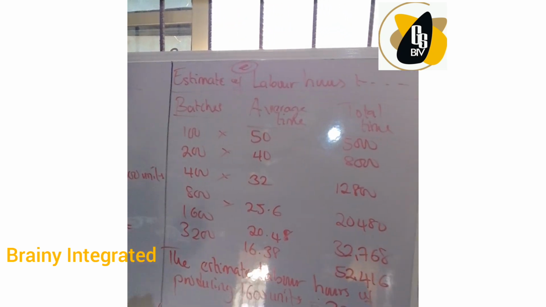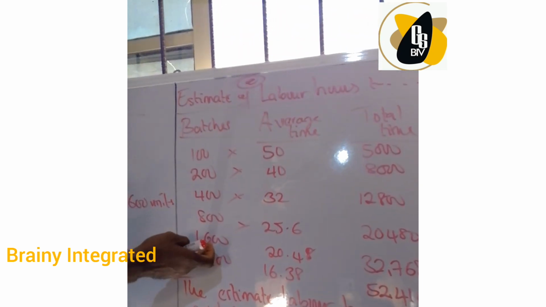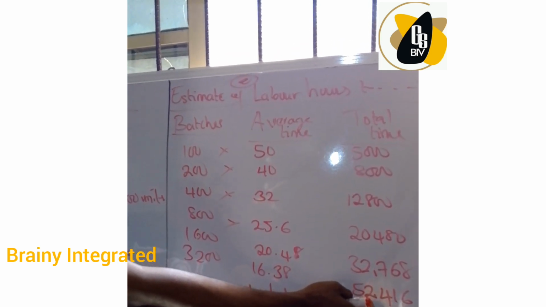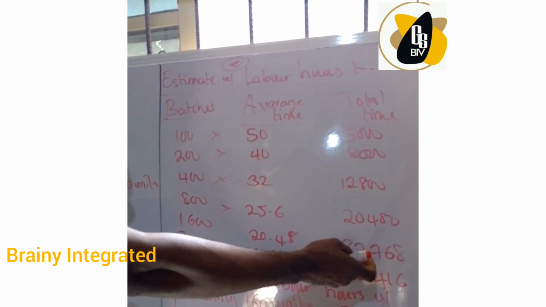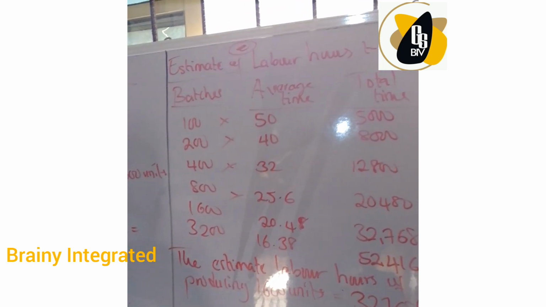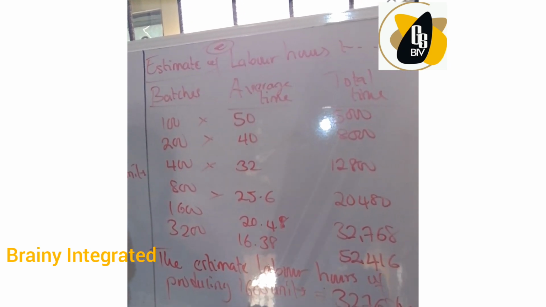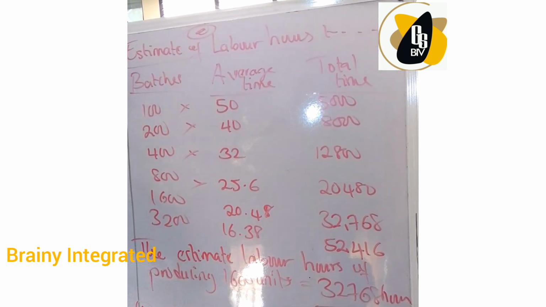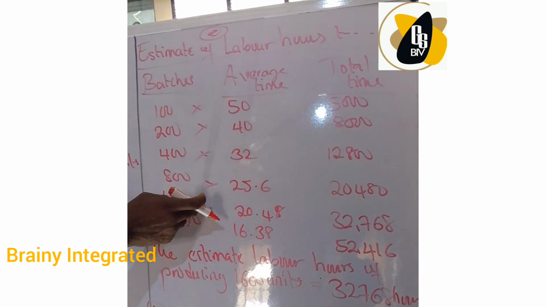So the incremental time between the production of 1600 and 3200 will be the total time for the production of this minus the total time for the production of this, which is equal to 52416 minus 32768, right?